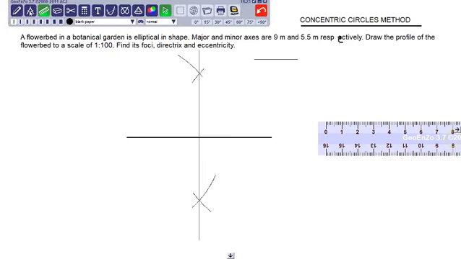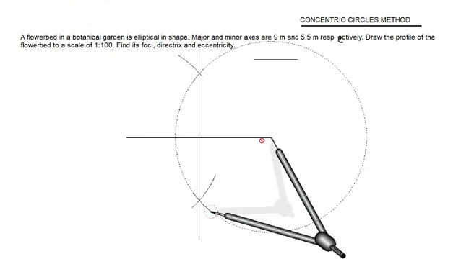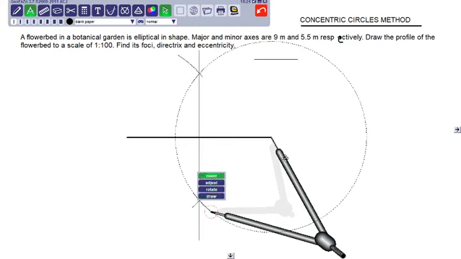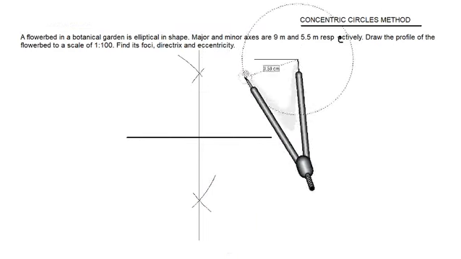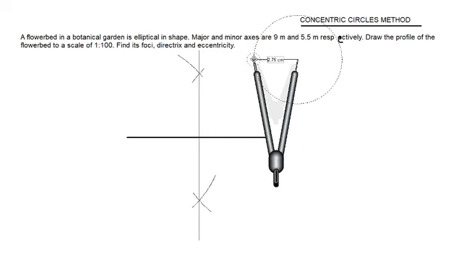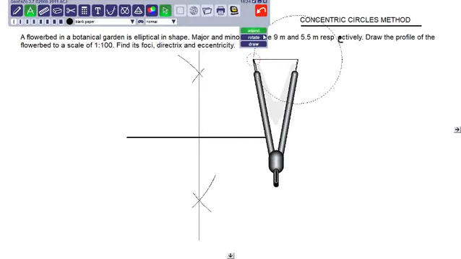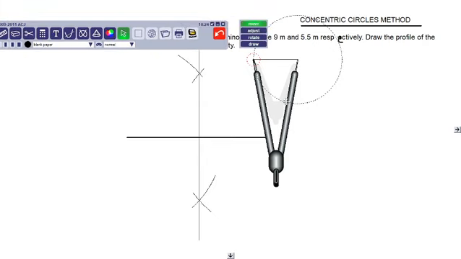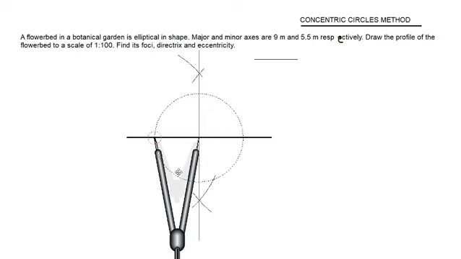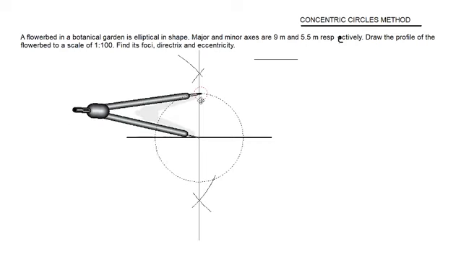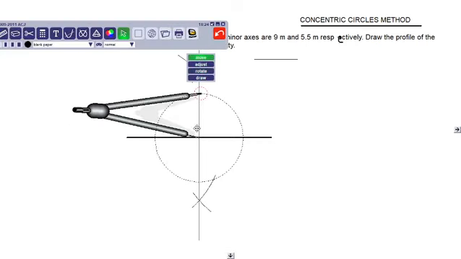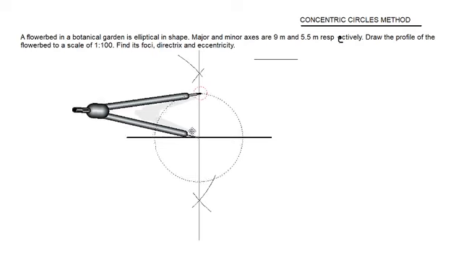So I will take the compass, move it and put it here, then adjust it, get the radius of 27.5. Okay, so I got it. Now bring it here, put it here, and what you have to do? You have to mark here, put exactly at the center.